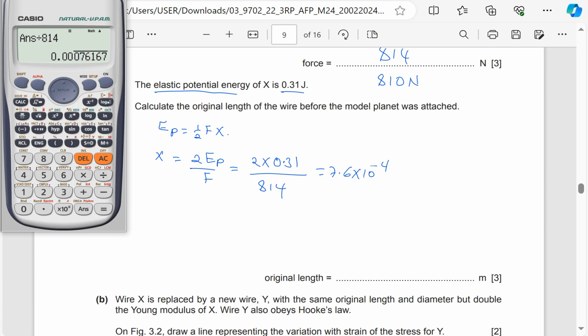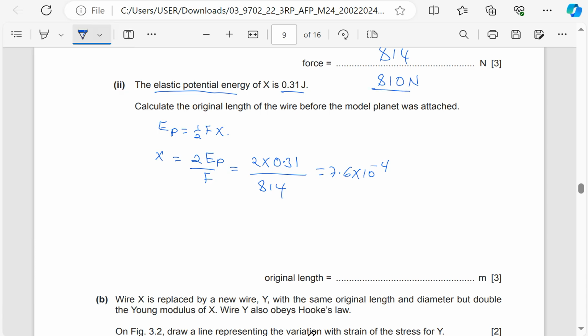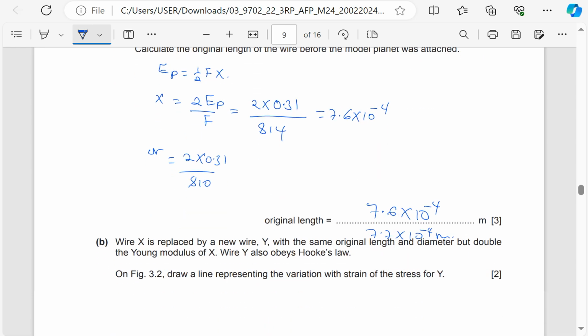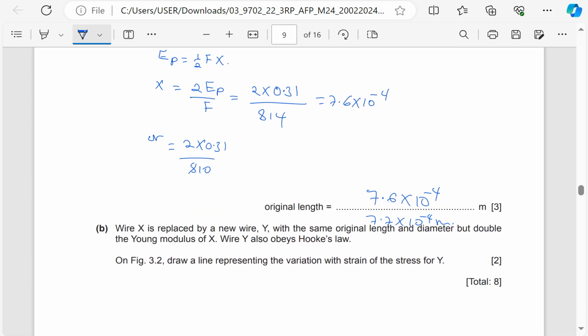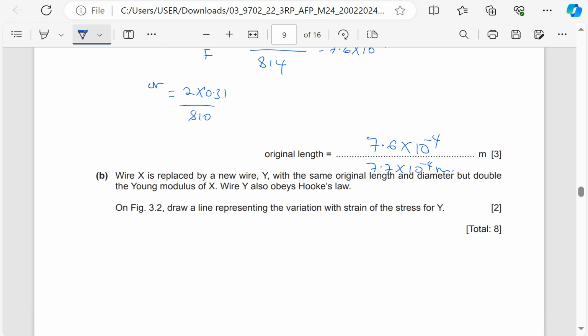You could have used 810, or 2 times 0.31 over 810, which could give you a slightly different answer, but the tolerance will depend on the examiner. So you expect to get either 7.6 or 7.7, depending on how you round it off, meters. Okay, you can use another method. Here I choose the simplest.